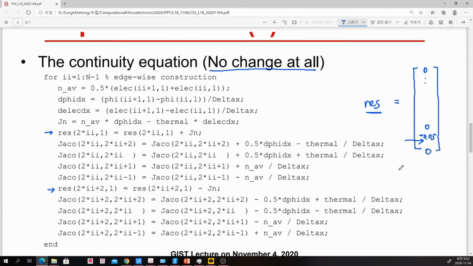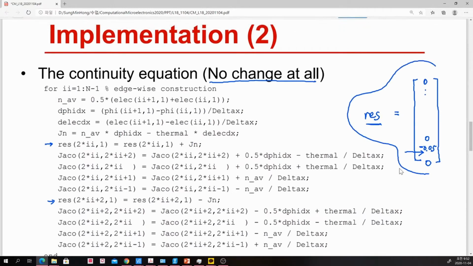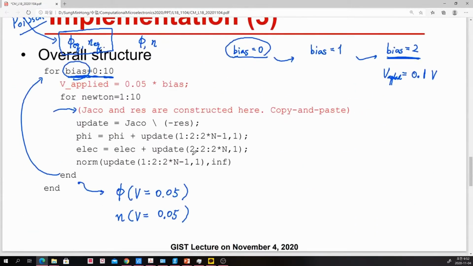So every time at the beginning of your Newton loop, you will have this non-zero residue vector that kicks off the Newton iteration for the next bias condition. That will be repeated. The solution of the previous bias condition is used as the initial guess of the next bias condition without any modification.